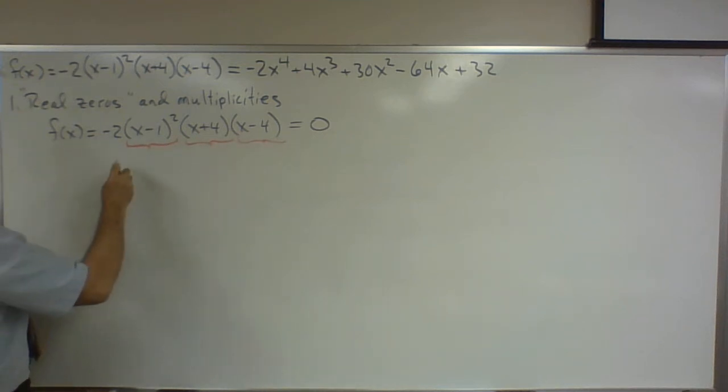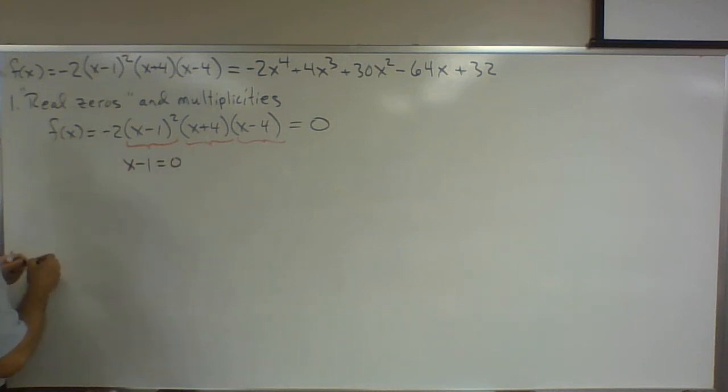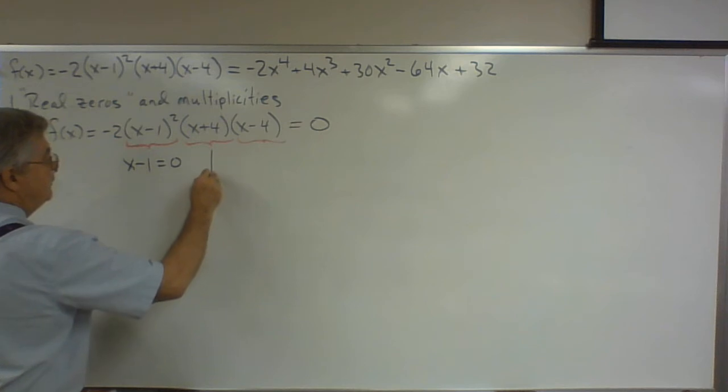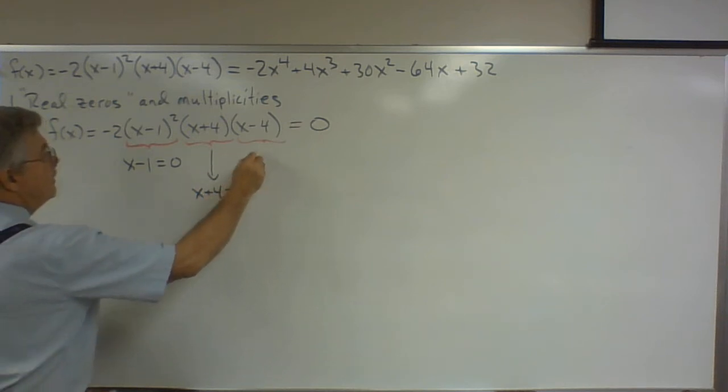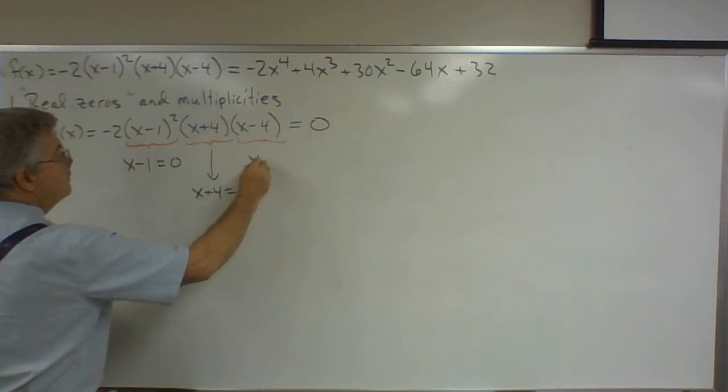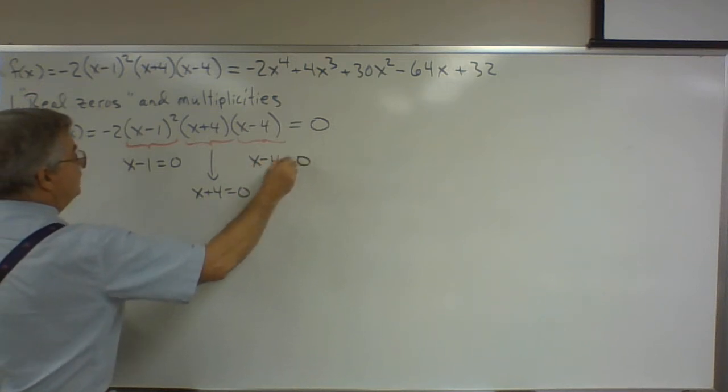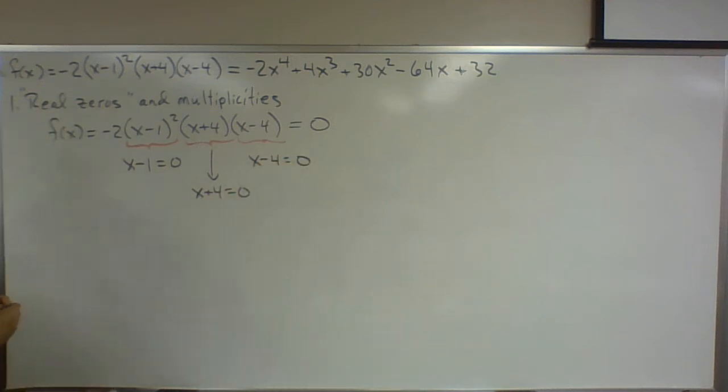So let's see, x minus 1 could be 0. Or it could be the case that x plus 4 is equal to 0. Or it could be the case that x minus 4 is 0.